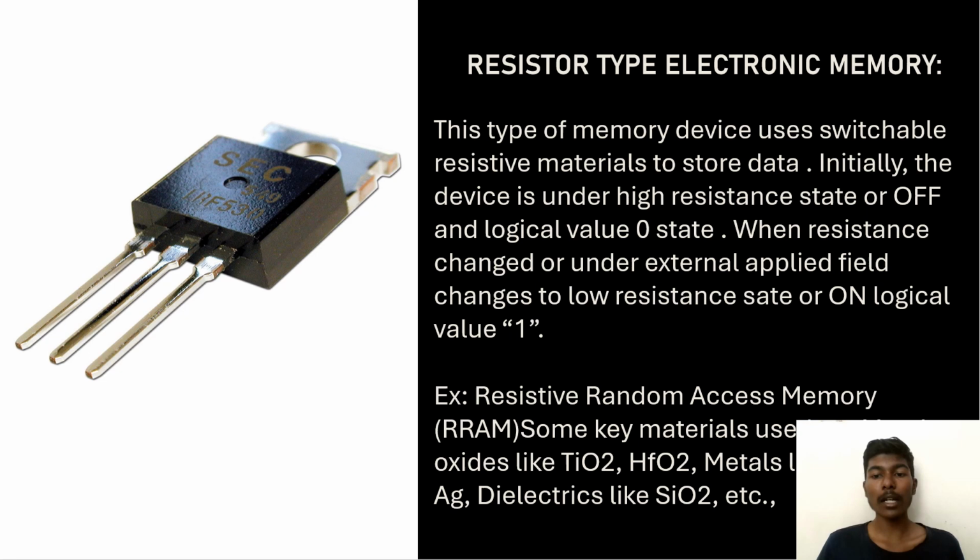Example: resistive random access memory. Some key materials used in these memories are TiO2, titanium oxide, HfO2, metals like Ag, and dielectric materials like silicon dioxide, etc.